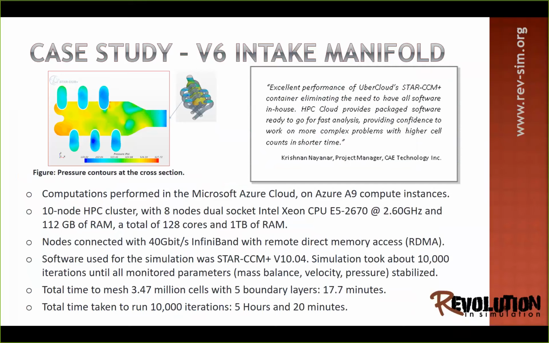As I mentioned before, the mesh had more than 3 million cells and 5 boundary layers, which is the layers between the solid structure and the inner of the flow field. And to prepare everything in the computer, then simulate or building up this geometry took 17 minutes, and the total time to run these 10,000 iterations for quite a large problem was just 5 hours.